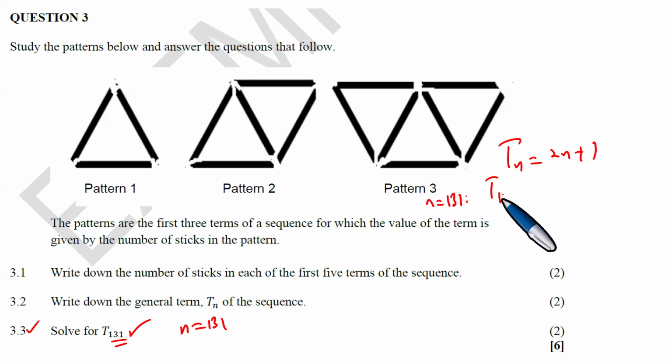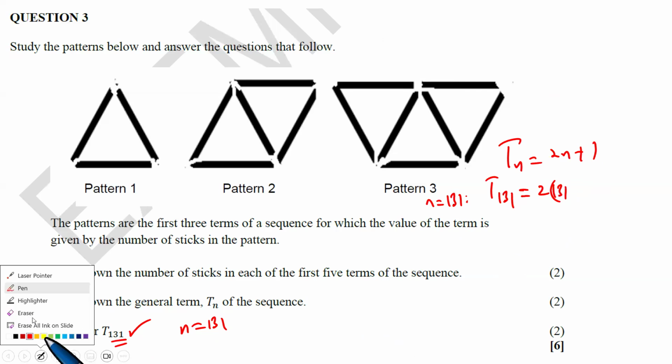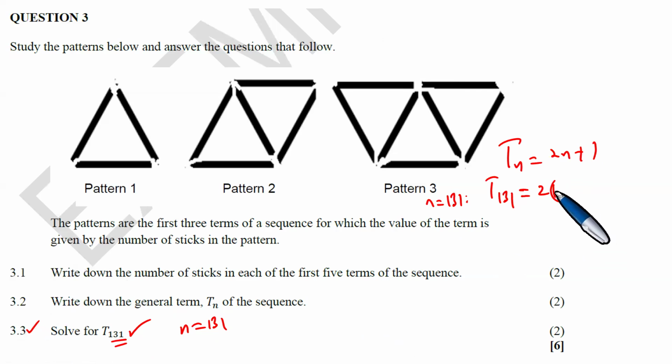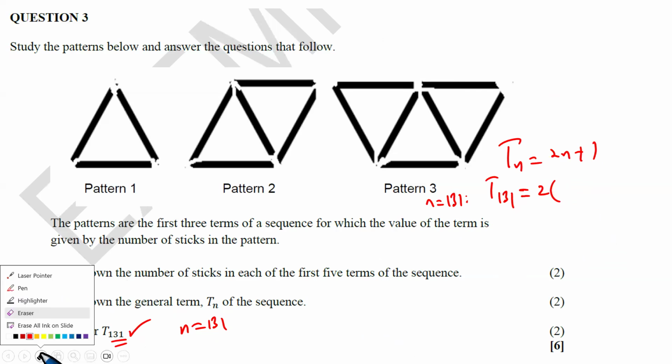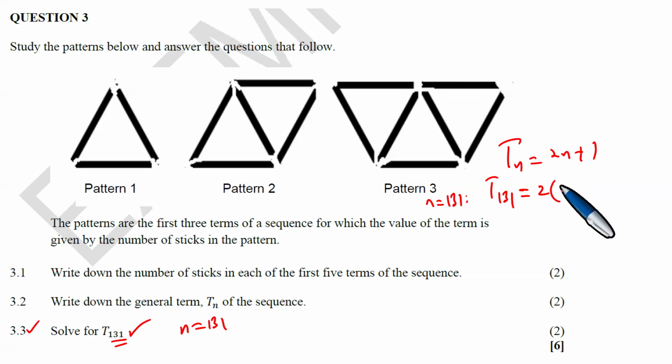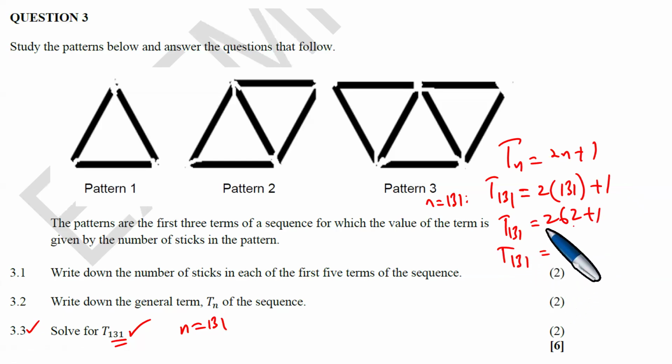So that you have T131 equals 2 times 131 plus 1. What is 2 times 131? 2 times 1 is 2, 2 times 3 is 6, 2 times 1 is 2, plus 1. T131. Okay, what is 262 plus 1?